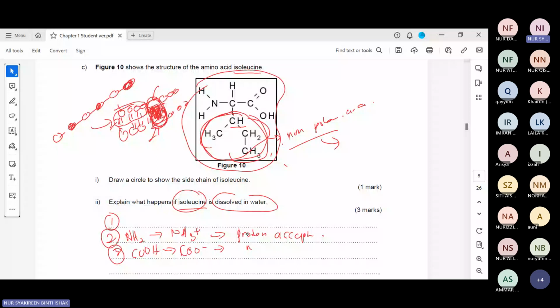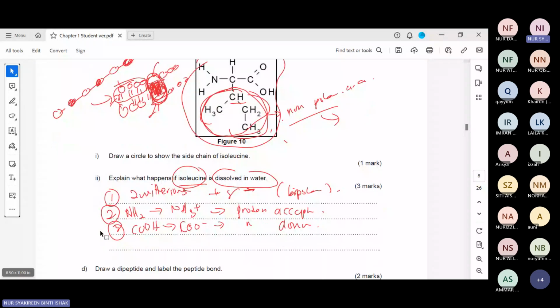So the first point earlier: ionize or dissociate to form Zwitter ions. It has both positive and negative charge at the functional groups, or it is a bipolar molecule. Don't think only humans are bipolar, molecules can be bipolar too.